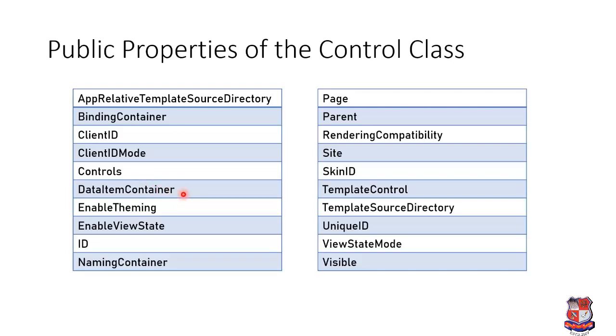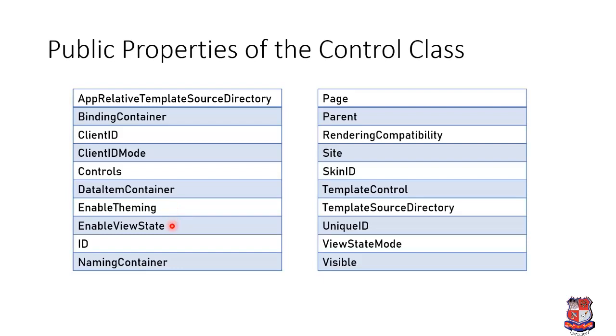Next is DataItemContainer. It obtains a reference to the naming container if the container implements the IDataItemContainer interface. Next is EnableTheming. It is used to obtain a value indicating whether or not themes apply to a server control.